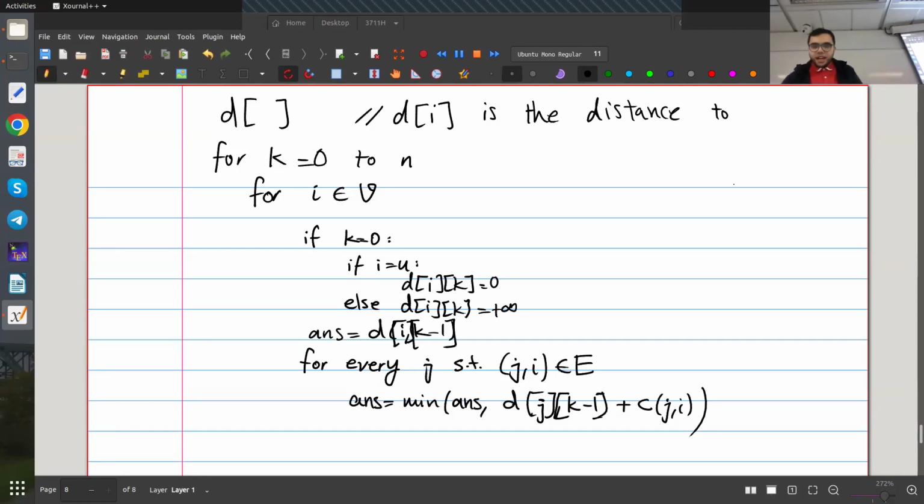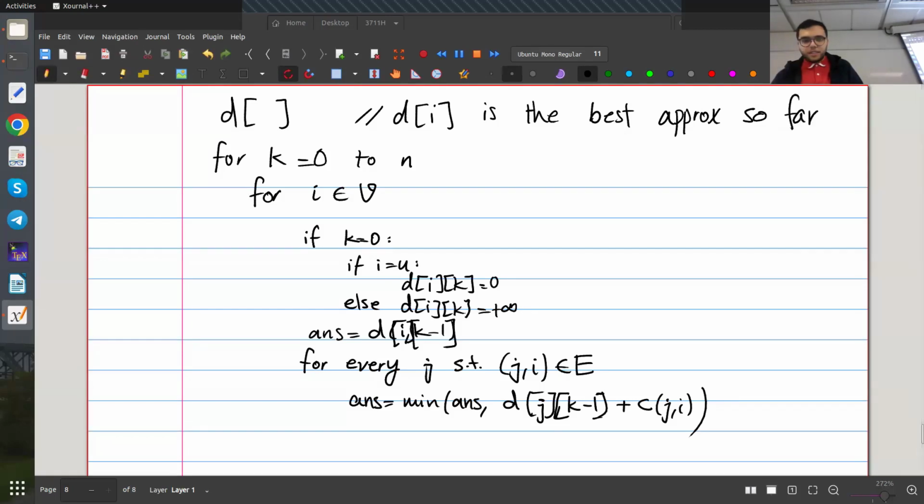Okay, so d_i, this is pretty much like what we were doing in Dijkstra. Remember, I had some approximations of distances and they were not yet finalized. So they were just like an over approximation of the distance. So I'm saying that d_i is the best approximation I have so far. And here's the thing.